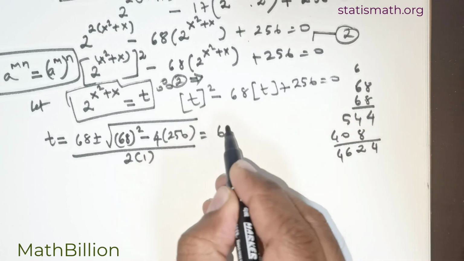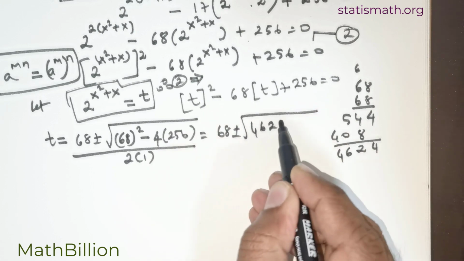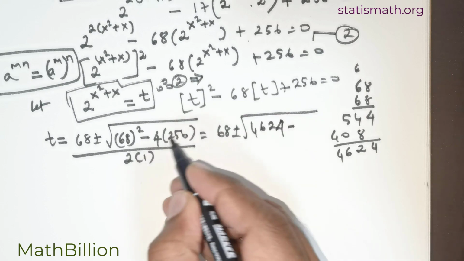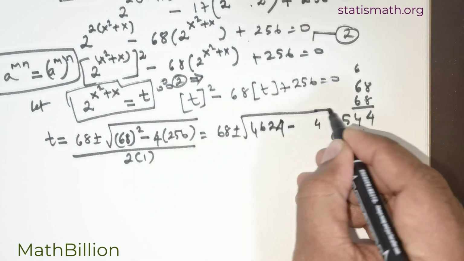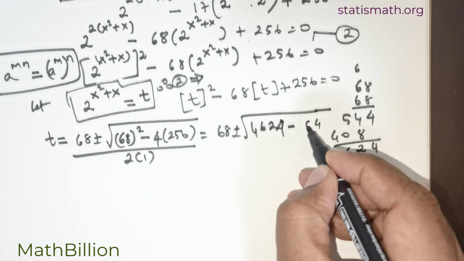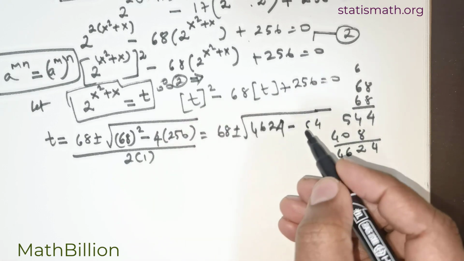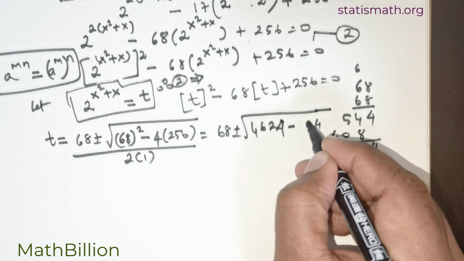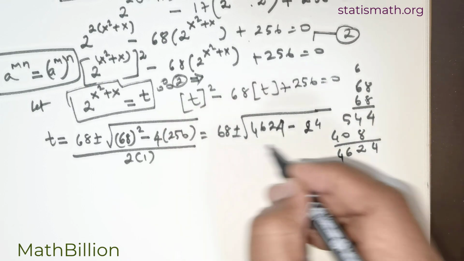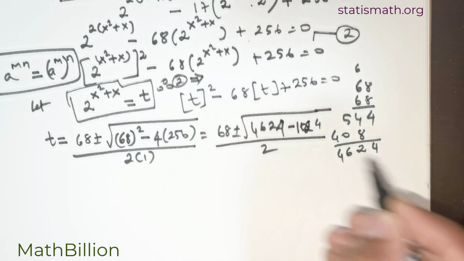I have a 4 and a 12 and a 6 and a 4. So this is going to be 68 plus or minus root of 4624, minus 4 times 256. 4 6s are 24, and 5 4s are 20, and that 20 you have to add with 2, so you're getting 22, and 4 2s are 8, 9, 10, so you get 1024, divided by 2.